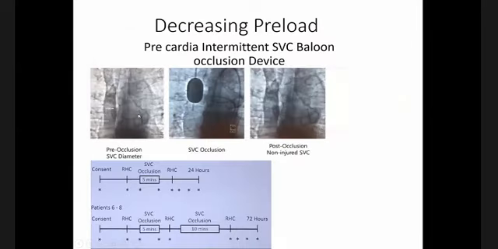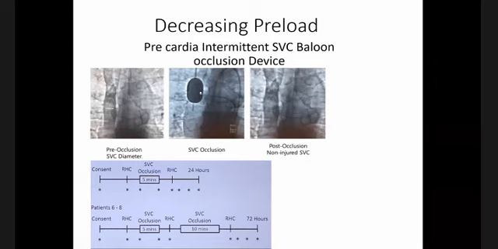Now, how does decreasing preload help? There is this experimental device called Precardia, which is being tested in the US. Actually, this was started by an Indian cardiologist there. What it does is there is an SVC balloon that inflates intermittently for around 5 to 10 minutes and then deflates.